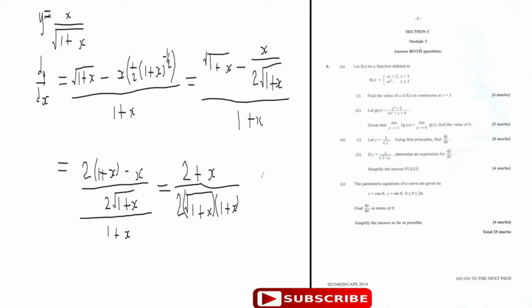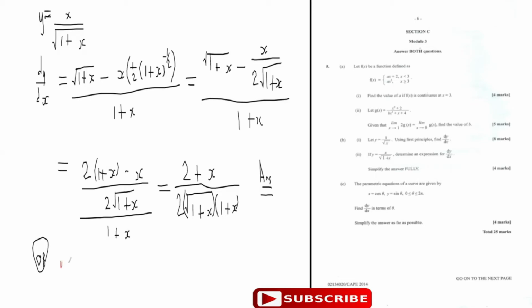Alright, that's the answer. Now, would implicit have been easier? This is for persons that would have wanted to do it implicitly. You could have done it implicitly by squaring both sides.